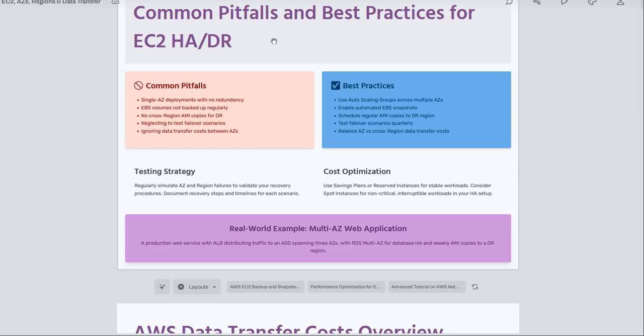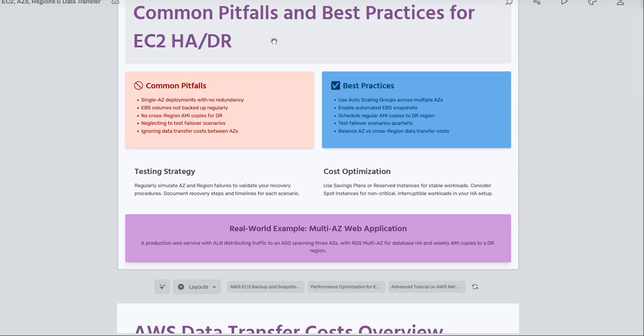Use auto scaling group across multiple availability zones, that means the data centers. Enable automated EBS snapshots instead of manual ones, so you make sure you have backups when needed. Schedule regular AMI copies to a disaster recovery region, so you keep copying into another region.